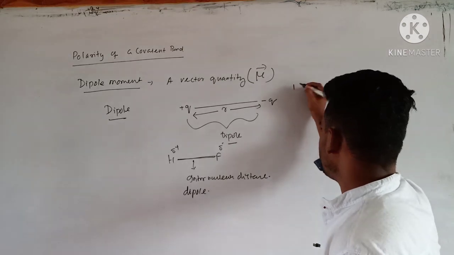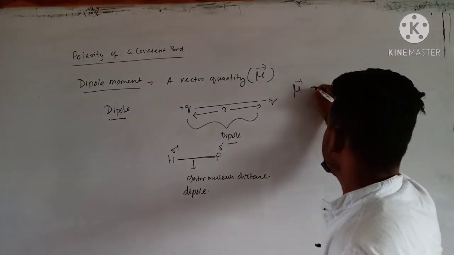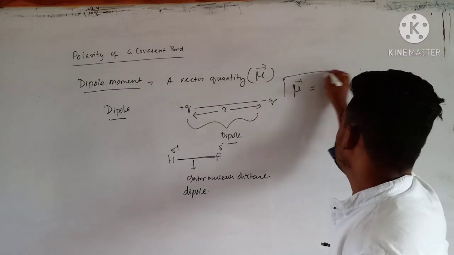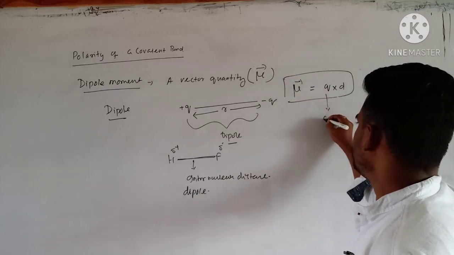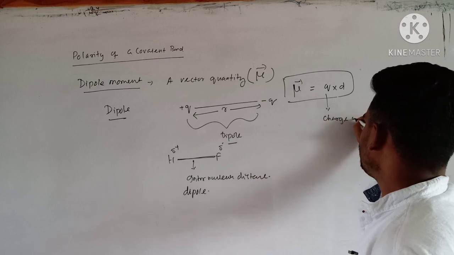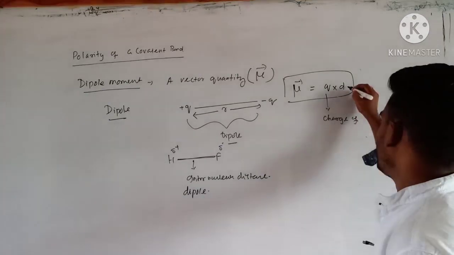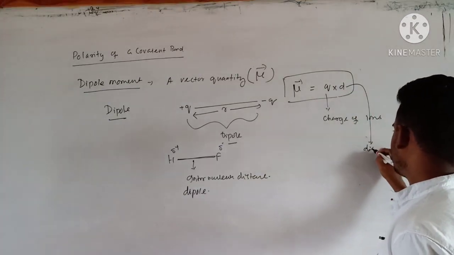The value of dipole moment, this mu, is given by the product of q into d. Q is the charge of the ions, and d is the distance between them.